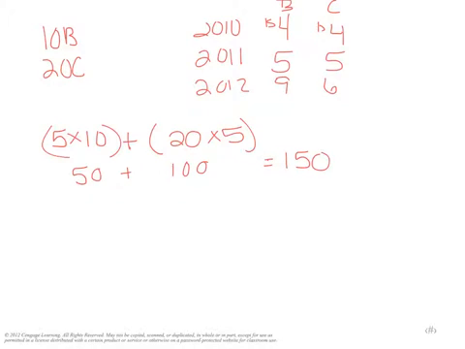So our basket's cost in 2011 is 150. They told us in the problem the basket's cost was 120 in the base year, and so what we want to do now is to calculate the inflation rate.